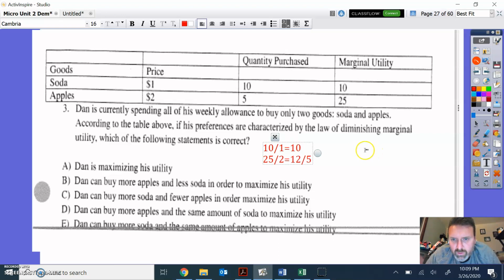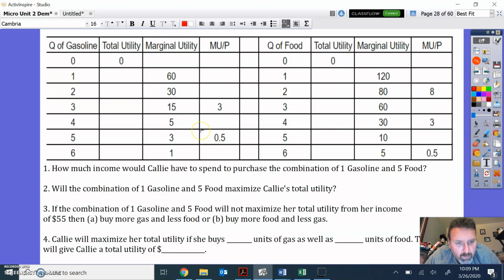So we know that the MU over P of soda is 10, and we know the MU over P of apples is 12.5. Okay? So based on that, we need to buy more apples and less soda to maximize utility. Correct answer, B. Okay? Okay, one more.